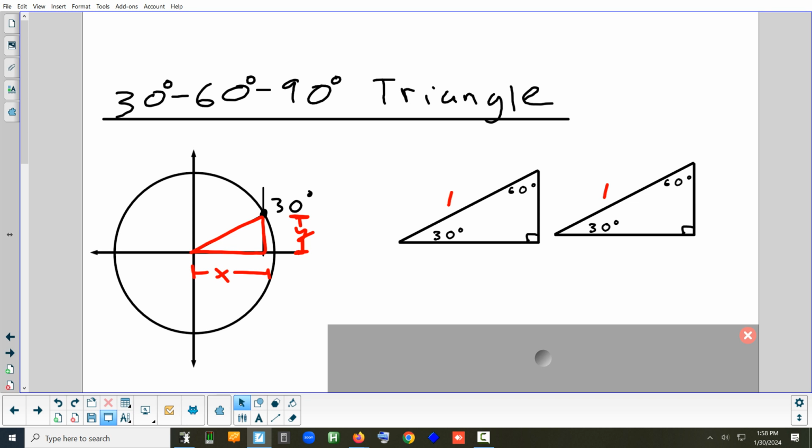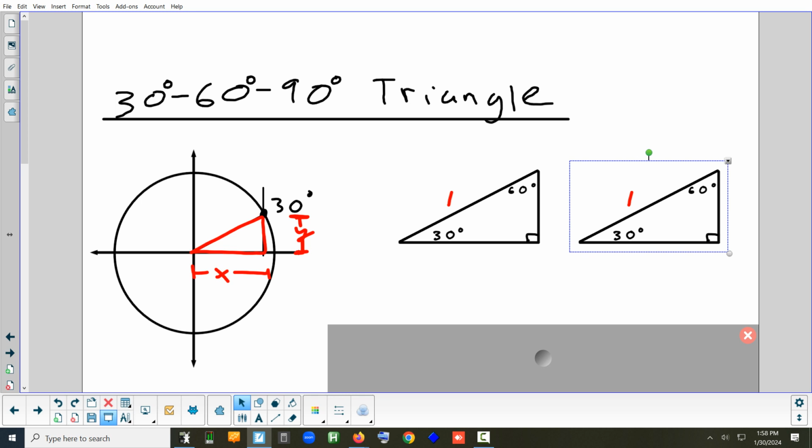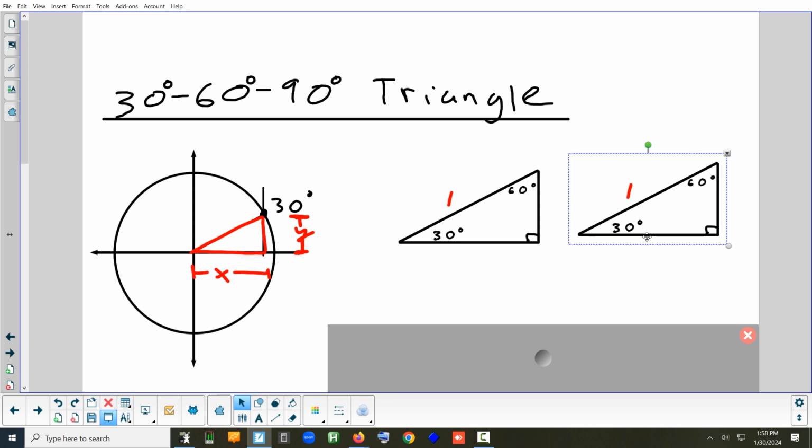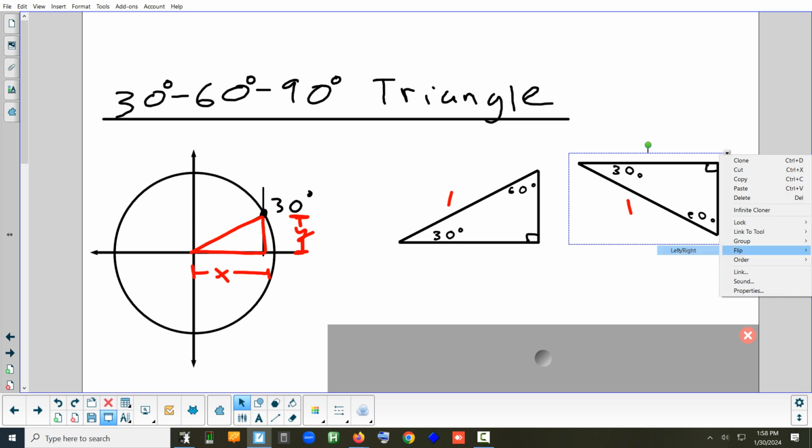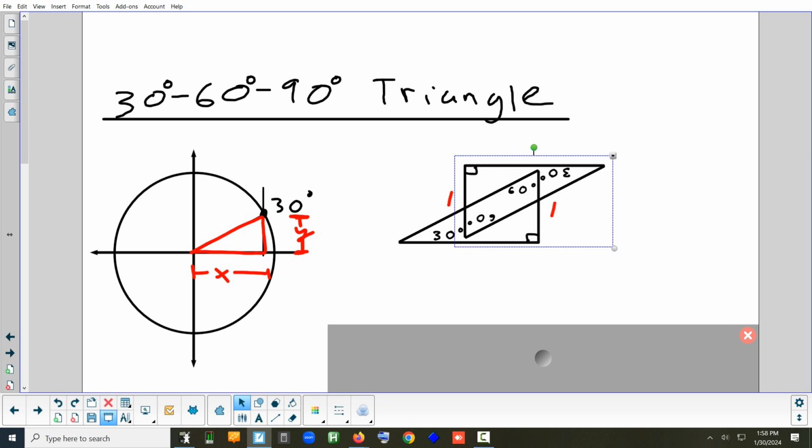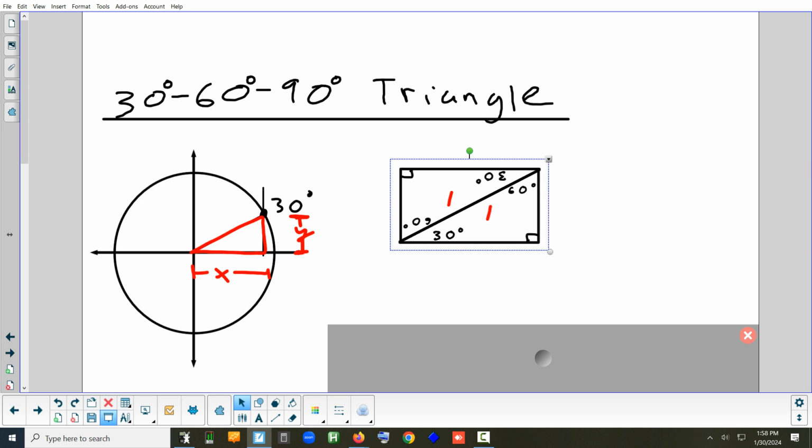All right, let me ask you a different way. Where are you going to put this triangle? You have to do something with it. Are you gonna flip it and make it a rectangle? You want to flip it and make it a rectangle. So you would have to flip it like that to do that. Actually, no, you'd have to flip it both ways, wouldn't you? Yeah. All right, so yeah, you could do that.